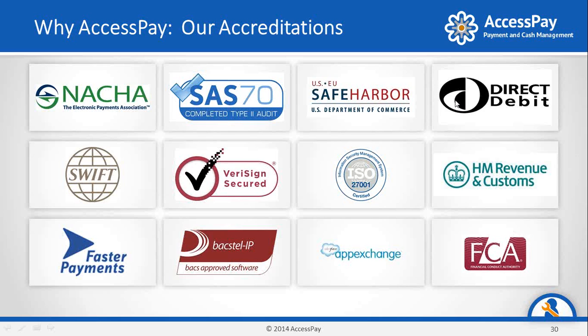We have ISO 27001 accreditation, and we also have SAS 70 and now SAS 16 for the US based accreditations. Apart from that, we are a SWIFT partner for the new cloud initiative. We also process BACS, Faster Payments, SEPA, and ACH payments as well.